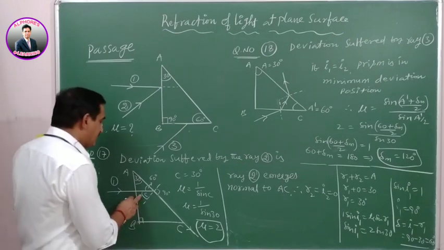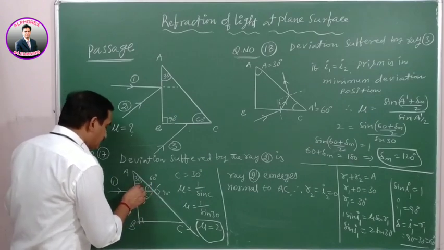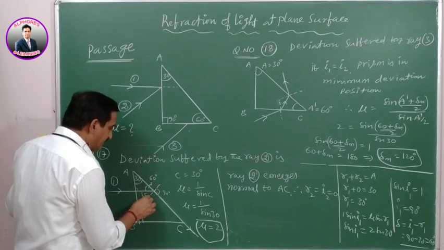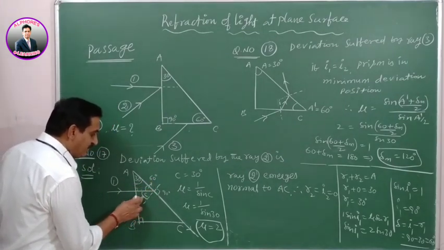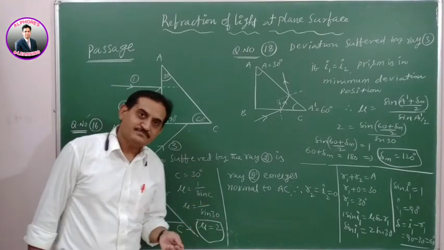Therefore, we have the concept that this is 30 degree. This is a 90 degree normal incidence. This is 60, and definitely the critical angle is how much? This is 60. This is normal. Definitely the critical angle is 30 degree.